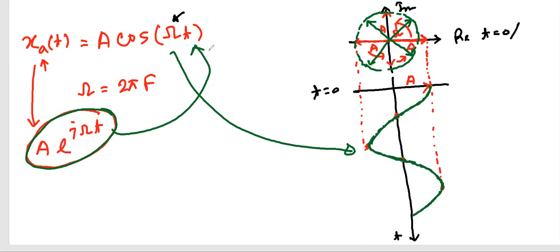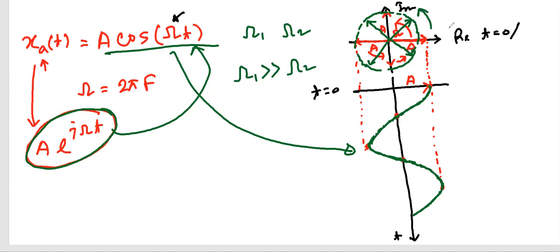Okay, so what is the difference between if we plot this equation with omega 1 or omega 2, where omega 1 is much higher than omega 2? The rotational speed, how fast this vector A will rotate in the anti-clockwise direction, depends on the value of omega.